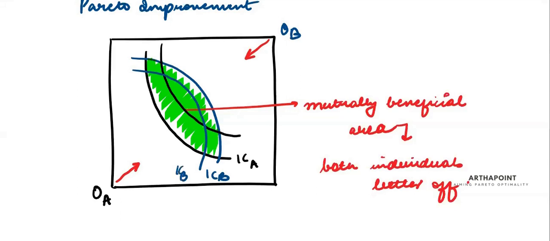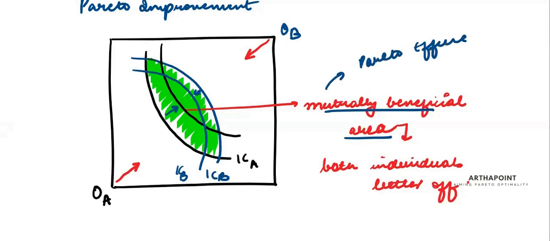So, A is able to increase his utility to a higher utility, and B is also able to increase his utility. If both are able to increase this utility, both are mutually benefited, which means that they have not yet achieved Pareto efficiency. They're still improving. There is a scope of improvement.